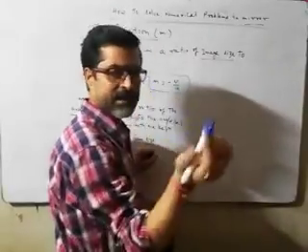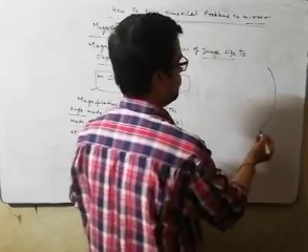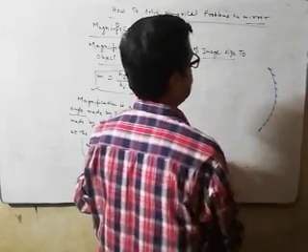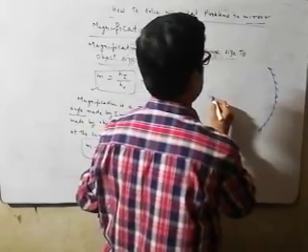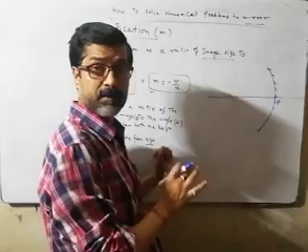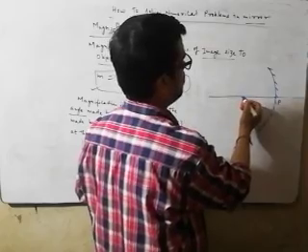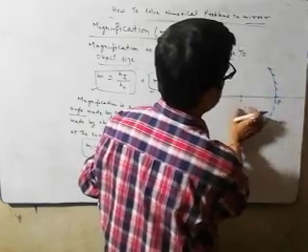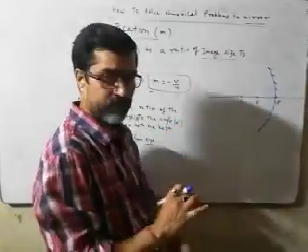Let us take concave mirror. This is pole of the mirror, midpoint, and maybe here center of curvature, and midpoint of C and P is focus point.